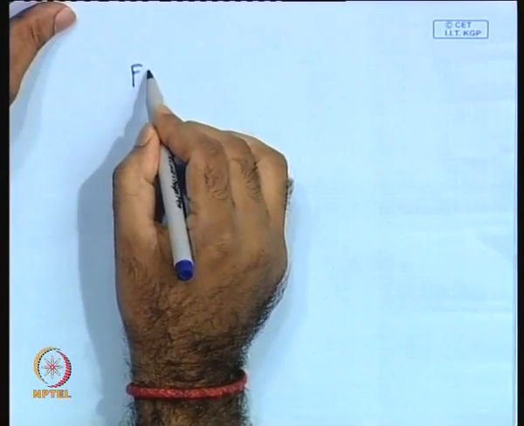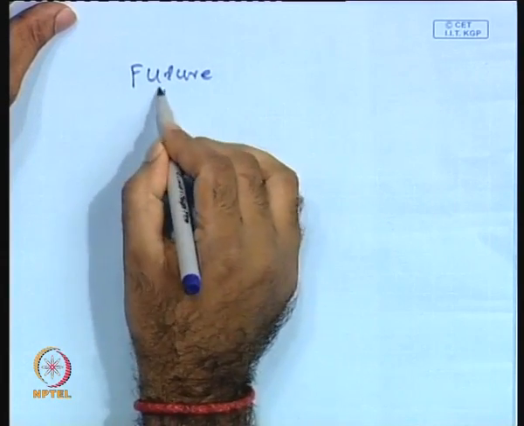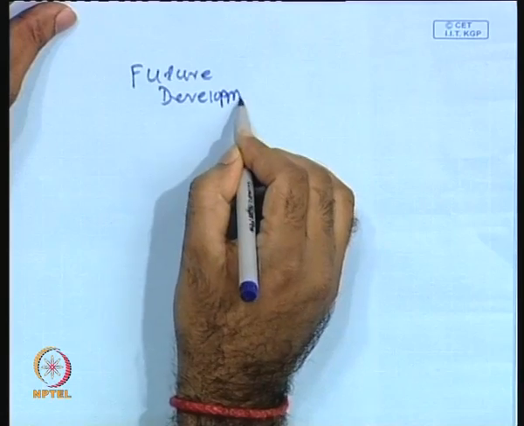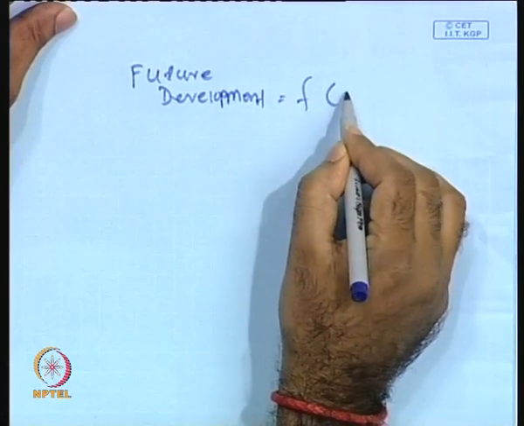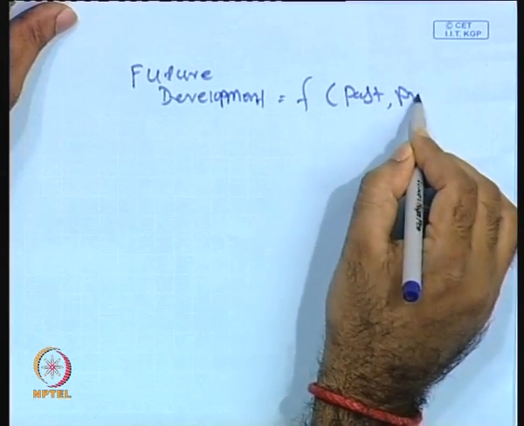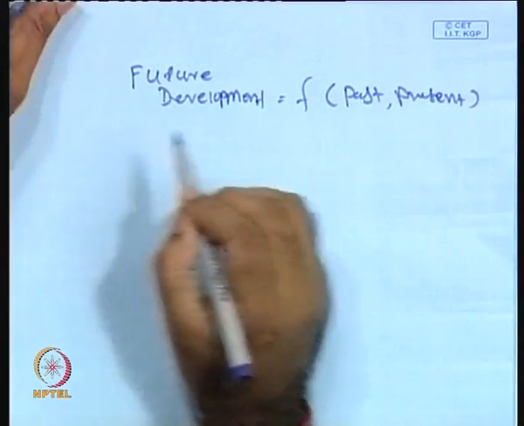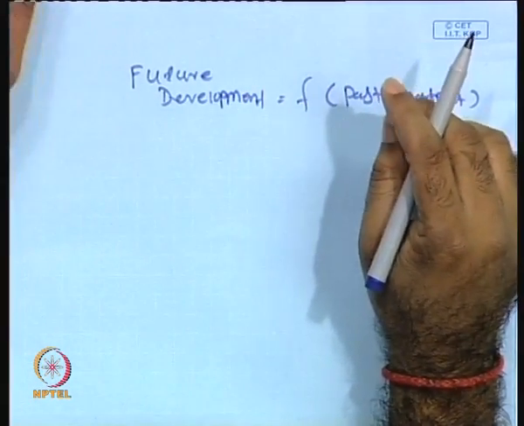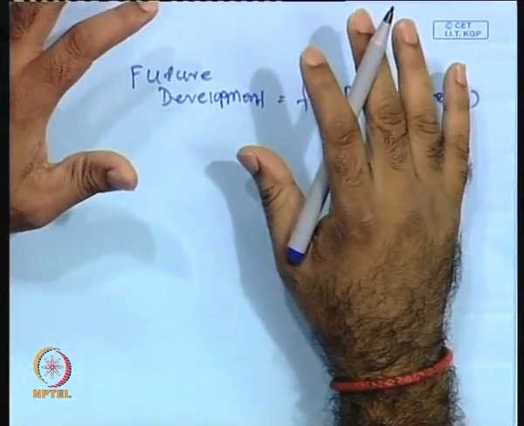Forecasting is all about integrating the econometric inputs and econometric outputs. Now, how do we do all these things? It is basically the question of entering into the future, or future development. Future development is basically a function of past information and present information. So it is the question of solving a complex problem by turning it into simple problems.